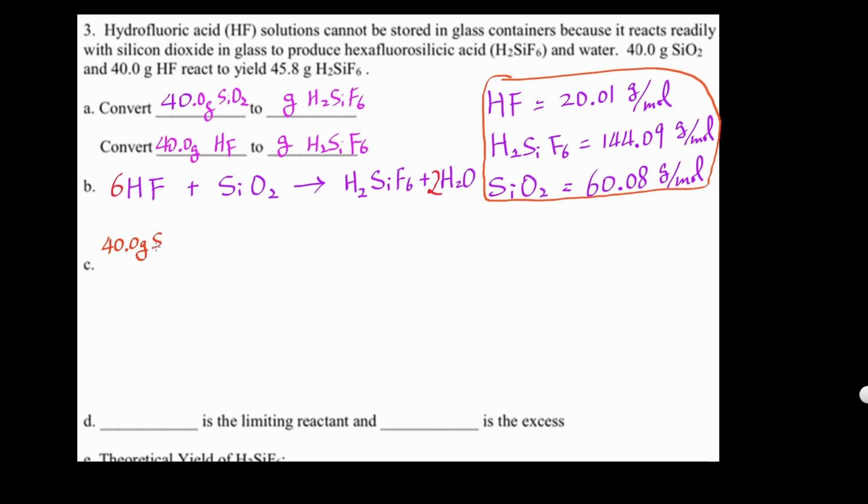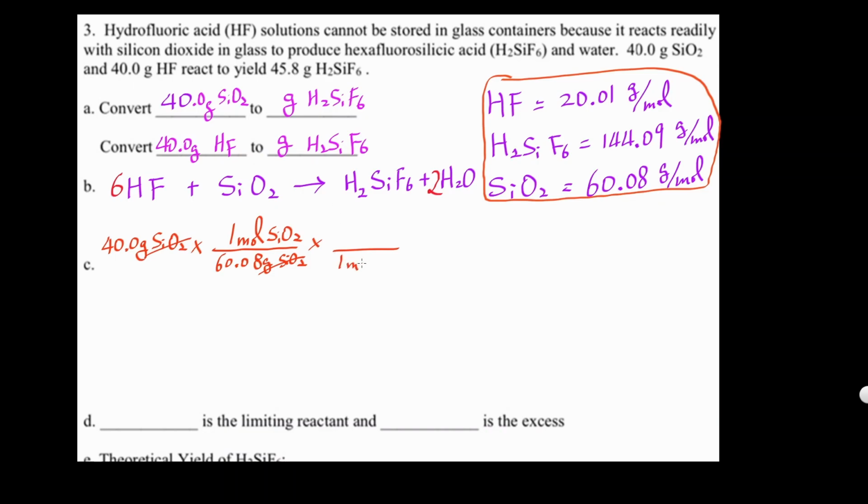We start with 40.0 grams of silicon dioxide. We have to go from here all the way up to here. It's a 1-to-1 ratio. The molar mass I already found: 60.08 grams of silicon dioxide in 1 mole of SiO2, and then cancel.